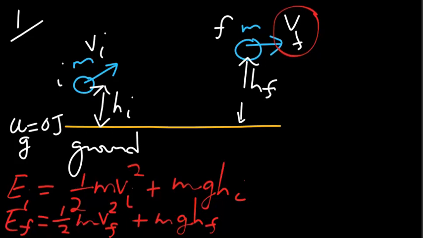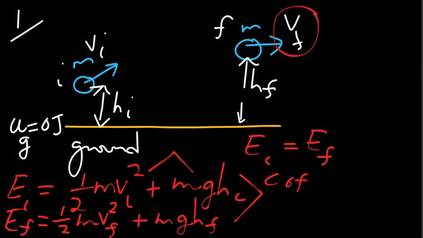Now the conservation of energy states, since you don't have any losses due to air drag or any kind of friction, then EI equals EF. Since these two forms of energy are known as the mechanical energy, we say the mechanical energy of the system is conserved. Or what you have here is conservation of mechanical energy in action.